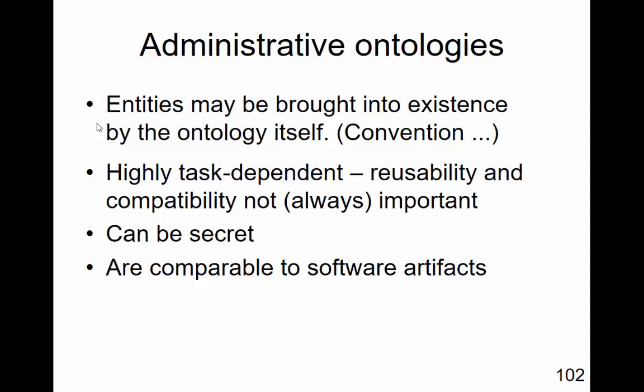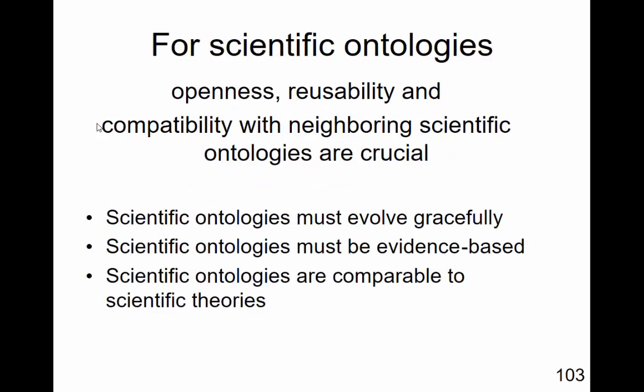So Michael Ashburner, who was the main creator of the gene ontology, was very keen on the idea that there could never be a private ontology, just as there could never be a private science. Science is essentially open, but administrative ontologies are not essentially open.